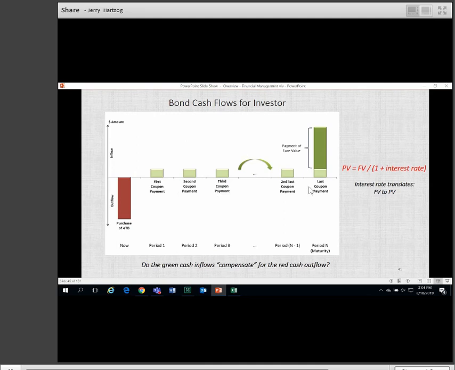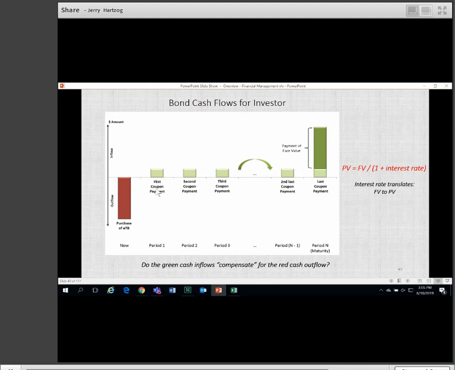And finally, at the maturity date, the face value of the bond is repaid to the investor. Now, the key to all this is to evaluate: do all of these green cash inflows adequately compensate the investor for the cash outflow at time 0? We can't just simply add them all up. It's a time value problem.